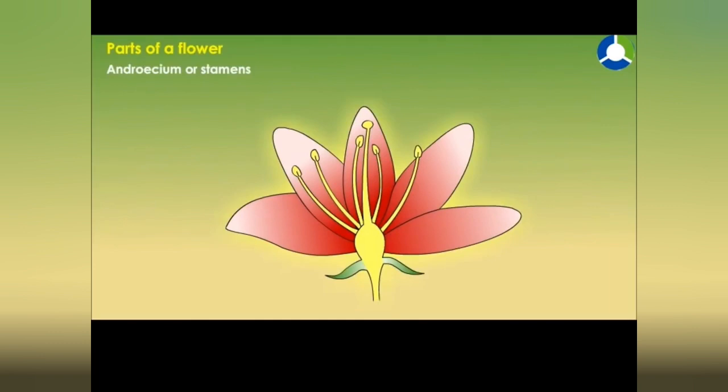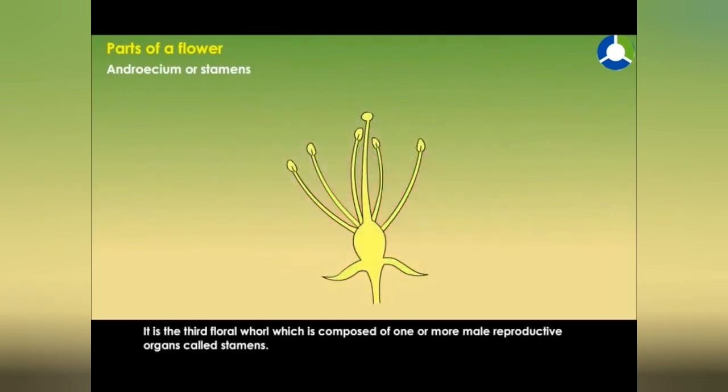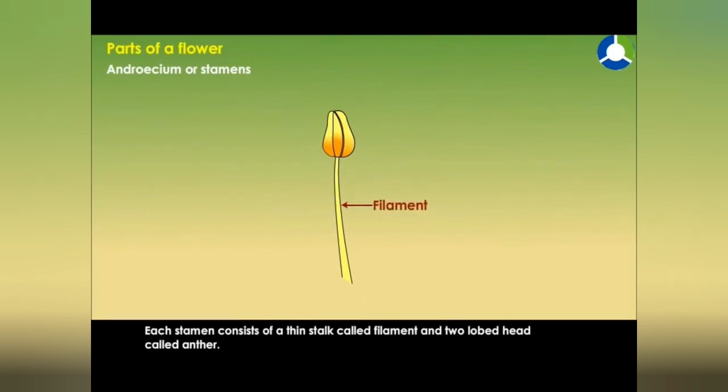Androecium or stamens. It is the third floral whorl which is composed of 1 or more male reproductive organs called stamens. Each stamen consists of a thin stalk called filament and 2 lobed head called anther.